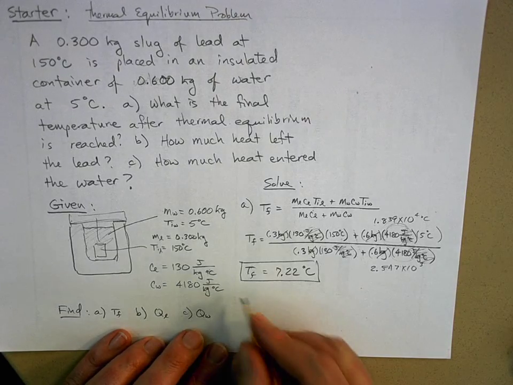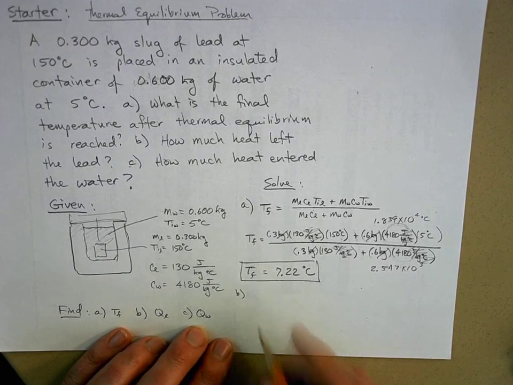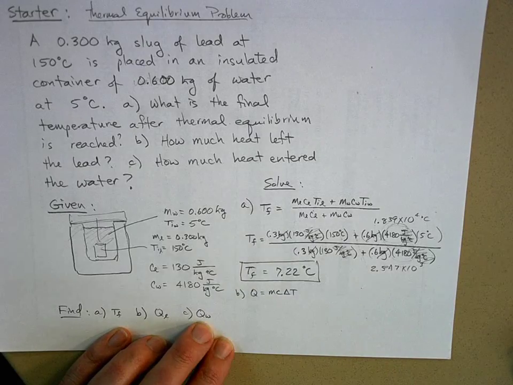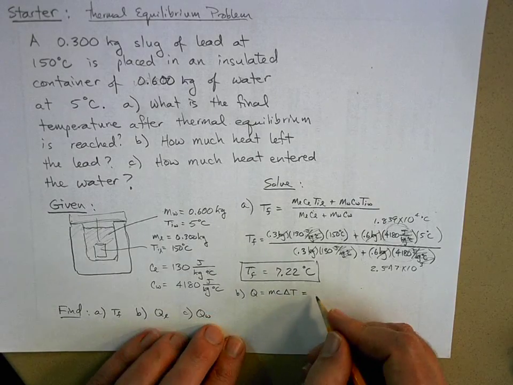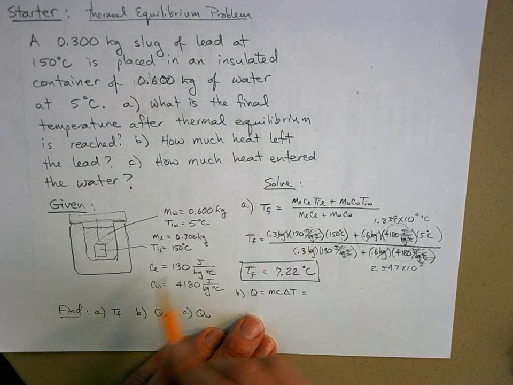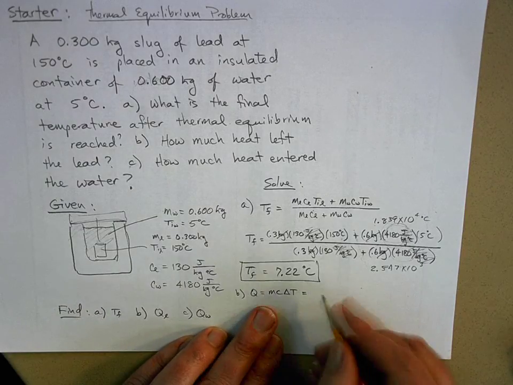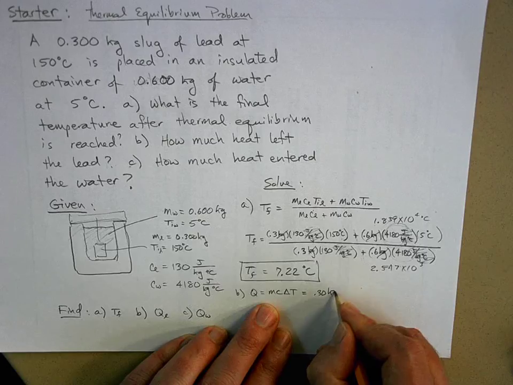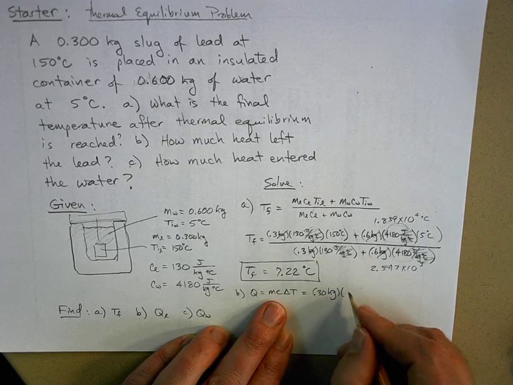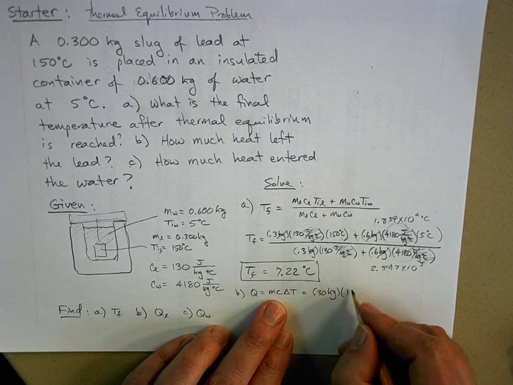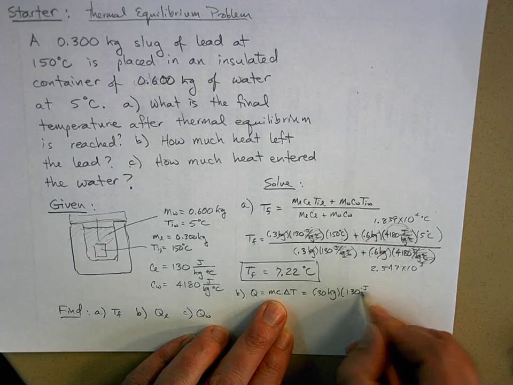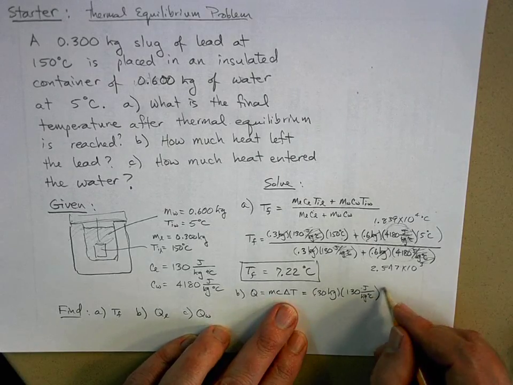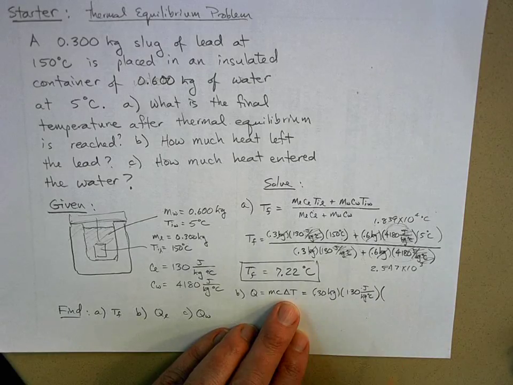Now for part B, Q equals MC delta T. So the mass, and for B it's lead, right? Yeah, we want the heat from the lead. So that's going to be 0.3 kilograms, and 130 joules per kilogram degrees Celsius. And the change in temperature is T final minus T initial.